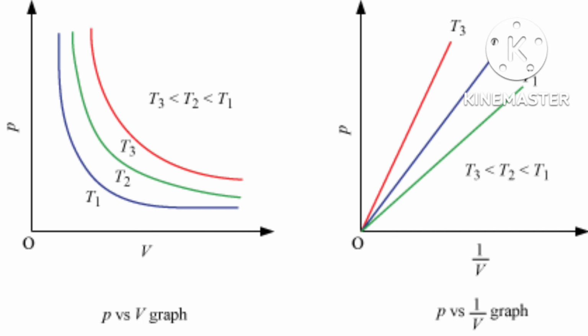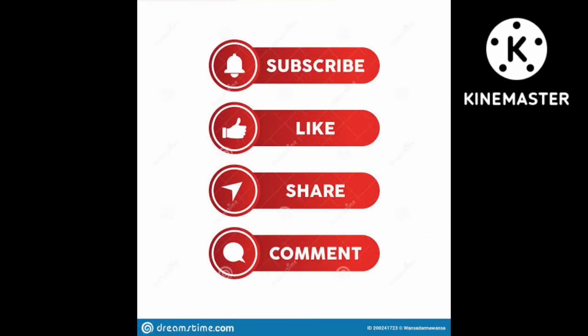Since the balloon bursts at 0.2 bar pressure, the volume of the balloon should be less than 11.35 liter. You can't fill hydrogen gas more than 11.35 liter, because after that the balloon will burst.